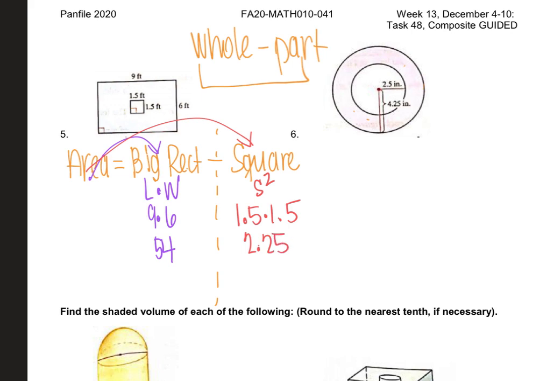I'm not going to round here. I'm going to subtract here, because that's what it told me to do. And I get 54 minus 2.25, the area will equal 51.75.